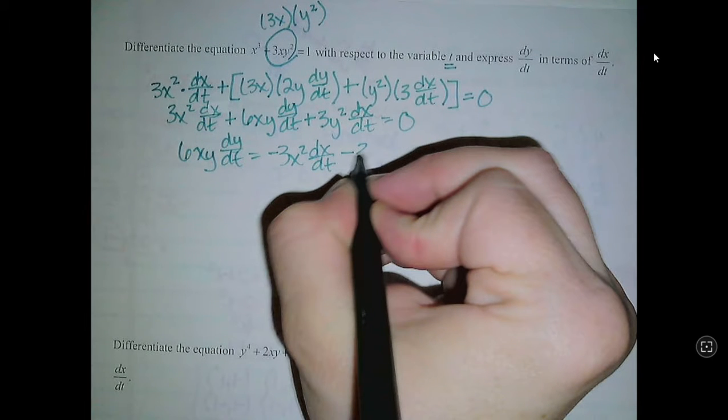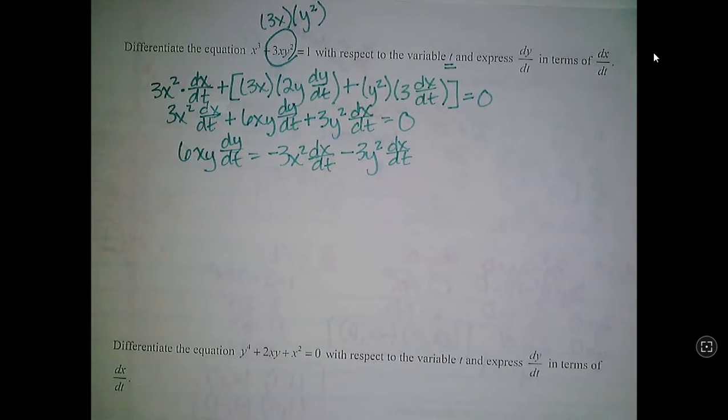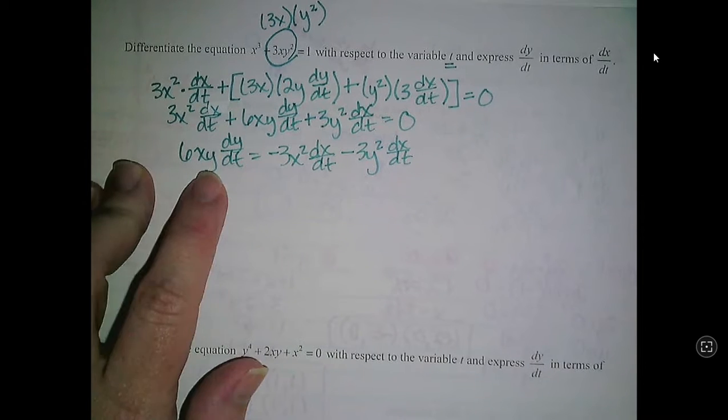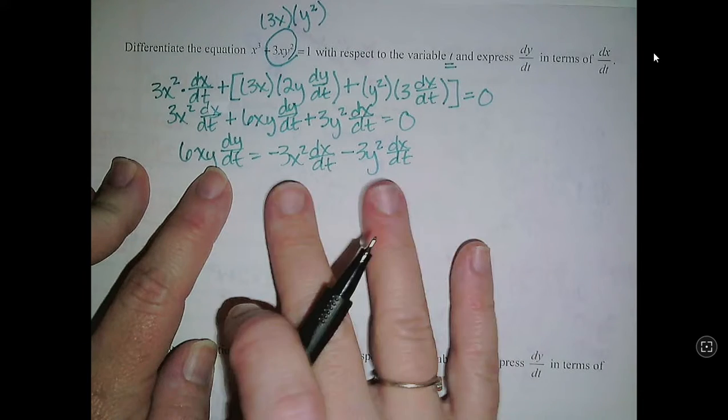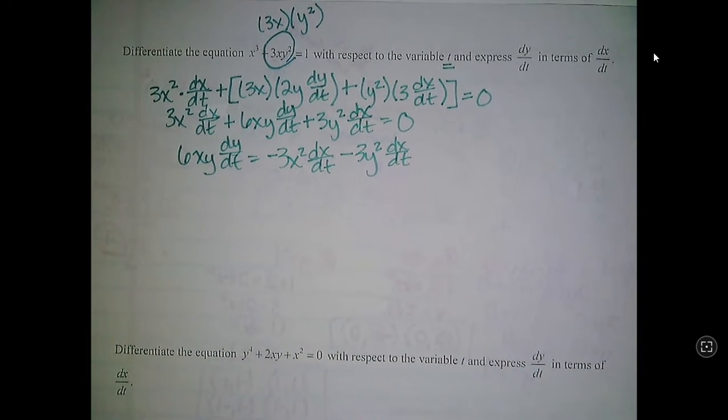negative 3x squared dx dt minus 3y squared dx dt. Notice I have 2 dx dt's. I'm going to go ahead and factor that dx dt out, so I have everything in terms of something times dx dt.